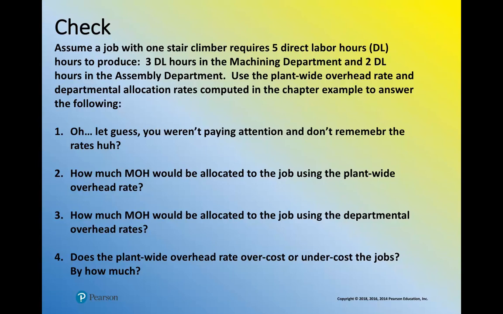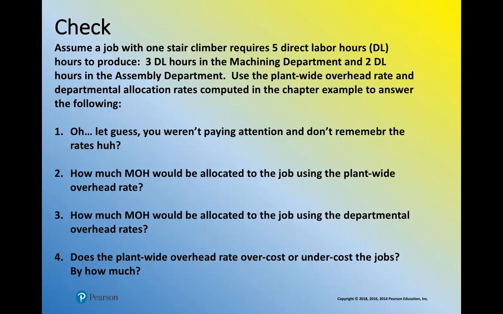If, however, we used our departmental overhead versus just the plant-wide, we're going to allocate $32 for every hour spent in the machining department, so that's 3 hours. And for assembly, we're going to allocate $12 for every hour, which based off of the problem is 2 hours.